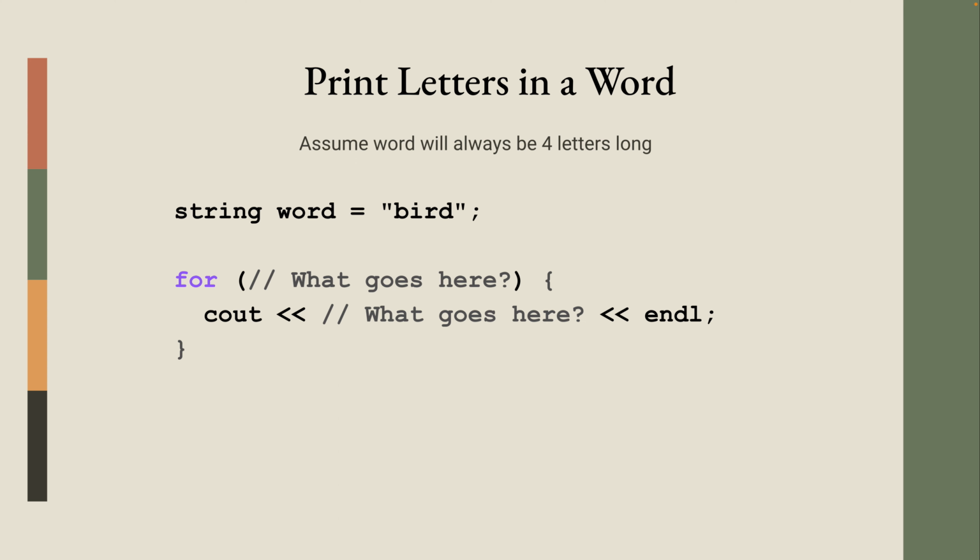So essentially, write out your for loop. So what's going to go here, and then we're trying to print each letter on a new line. Each letter in word. Sorry. Yeah, print each letter in word, using the word variable. So not bird. We'll be using word, but we'll assume word is always 4 letters.